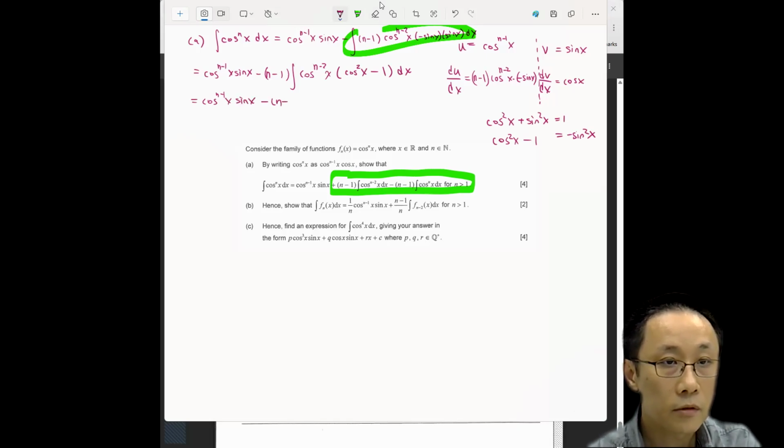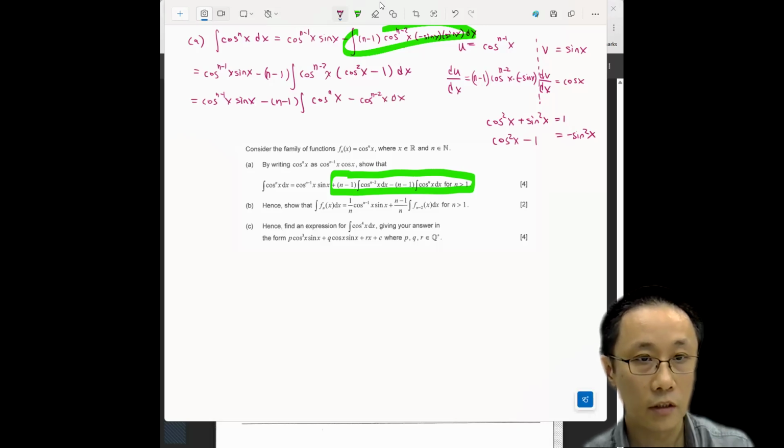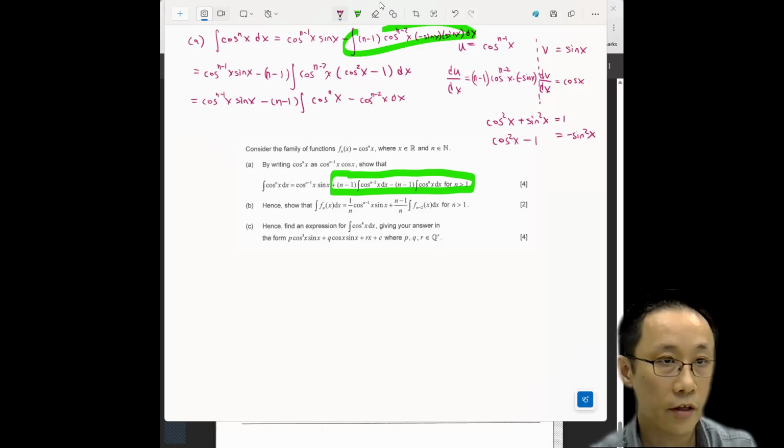And I can split the integrals. Well, I can expand it first. So cos n minus 2 x times cos square x is just cos to the n x minus cos n minus 2 x dx. And when you split the integral, taking into account the double minus, I think you just get the target statement.